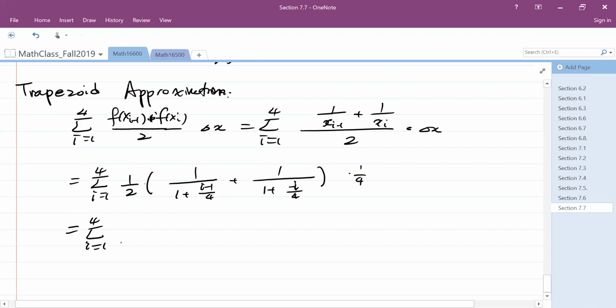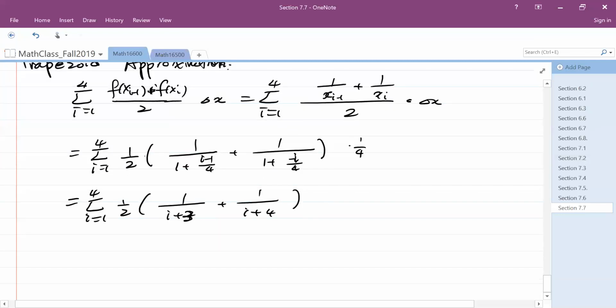So let's multiply this out. It is going to be 1 over, multiply this out, i plus 7, i plus 3, i plus 4. We still have to add them together.